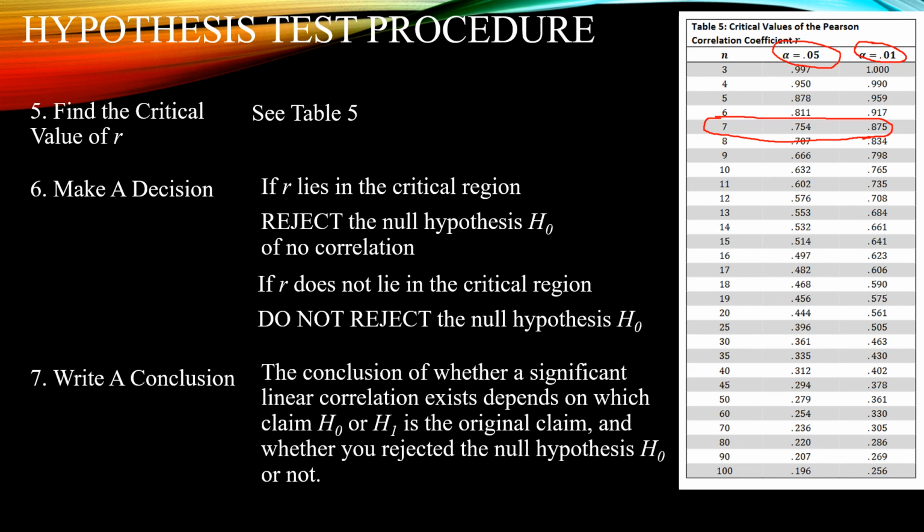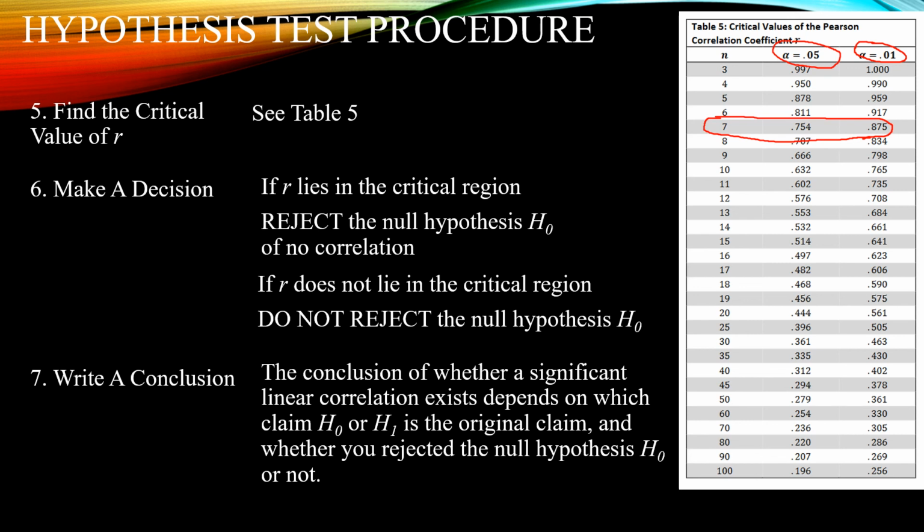Now remember, just like when we did the introduction to regular hypothesis tests, the actual conclusion depends on what the claim is. If the claim is there is a significant correlation, well, that's the alternative hypothesis. You can only ever support or not find enough evidence to support the alternative. If the claim is that these variables are uncorrelated, that is the null hypothesis.